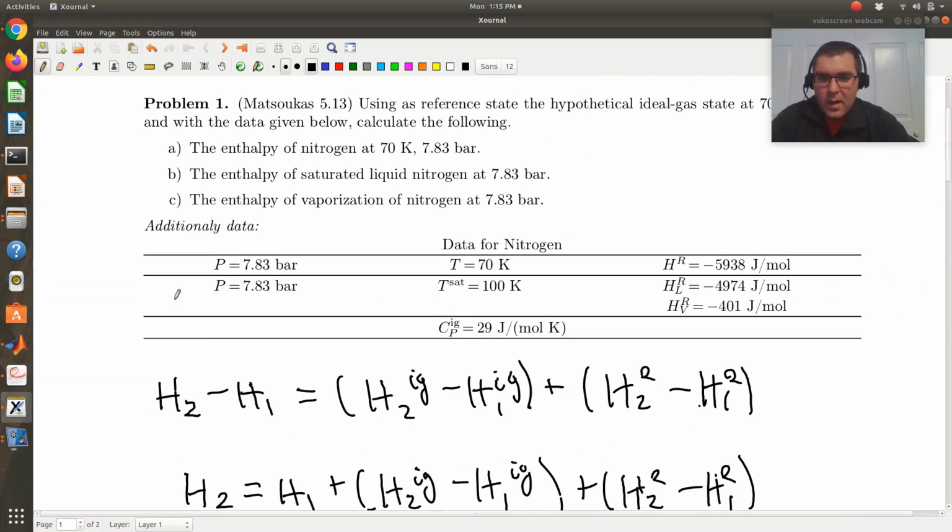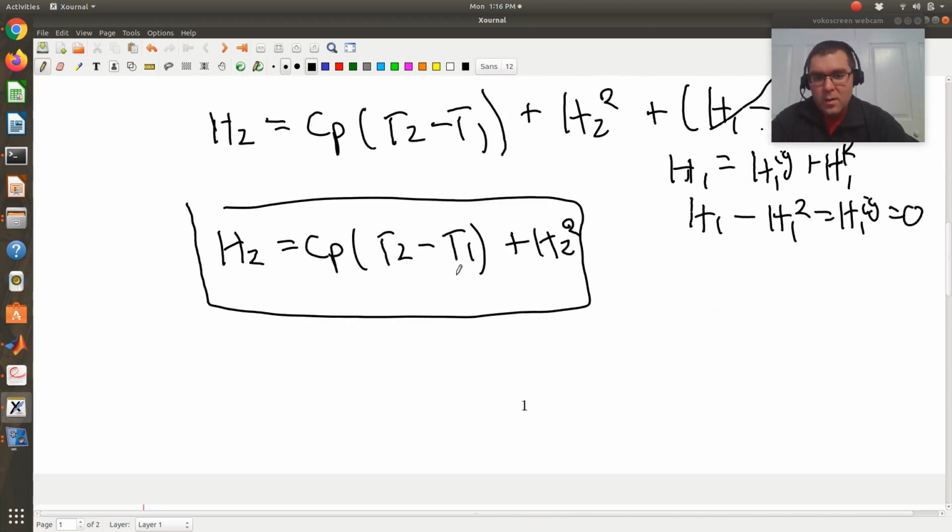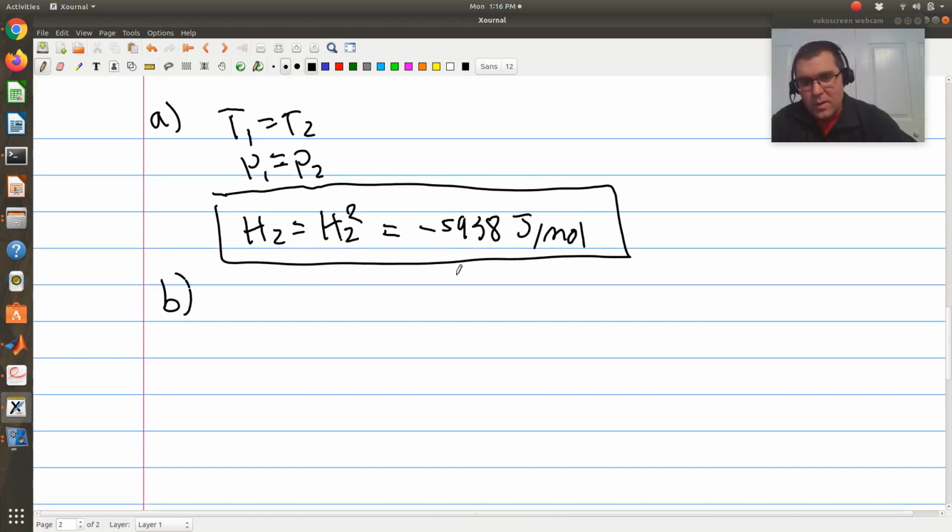Okay, so that's A. B is the enthalpy of saturated liquid nitrogen at 7.83 bars. When I look at the table at 7.83 bars, Tsat is 100 Kelvin. So I'm going to take my state of interest, state 2, to be 7.83 bars and 100 Kelvin. Let me take this one step at a time.